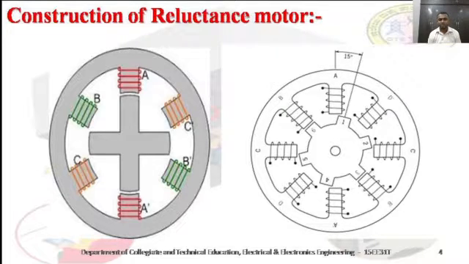It's a stator winding. Figures 1 and 2 we can both see here. In the second figure we are using 6 poles, and the number of phases in the stator winding is shown here.